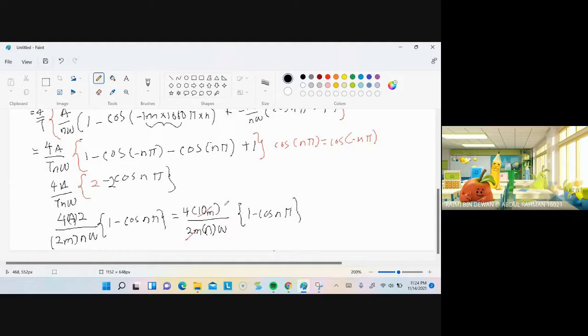The 2 is still here. And then this one will cancel out with this one, so you will be left with 40 over n omega. You are left with this, the n omega.